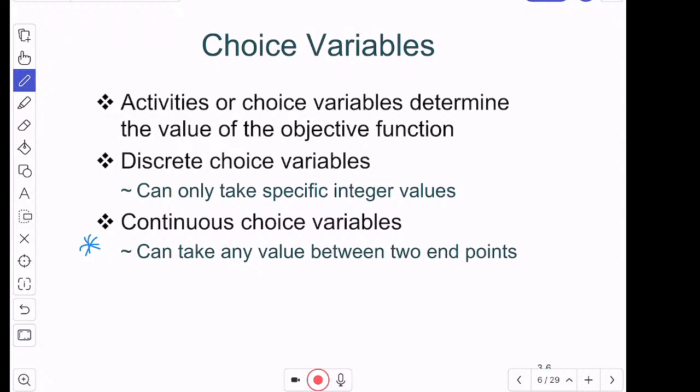In the text, however, lots of the examples are using discrete choice variables, so you get a table of values. So I hope you were able to follow those. I find those a little more tedious because, I mean, they're not hard to solve, but it's just a little more tedious than an elegant continuous function.